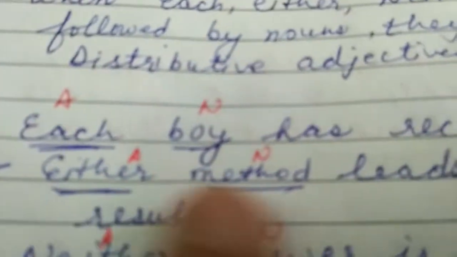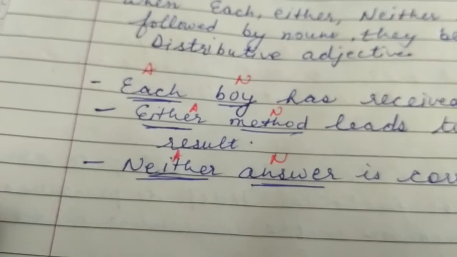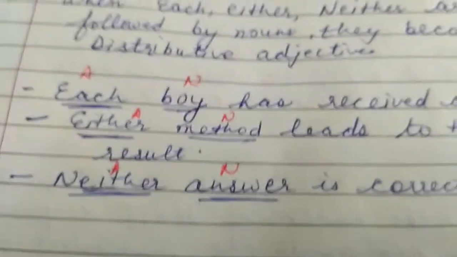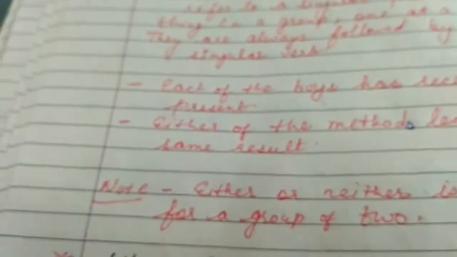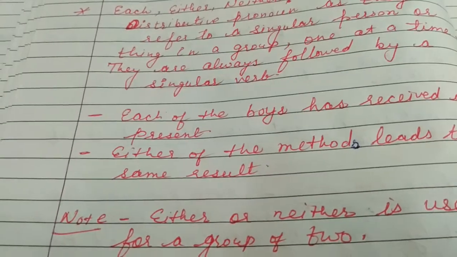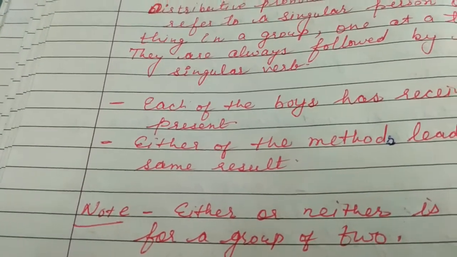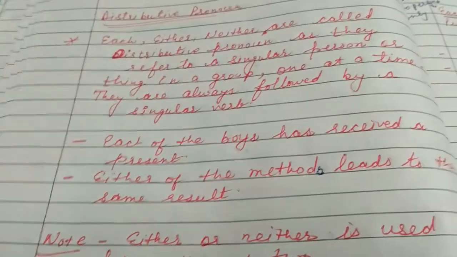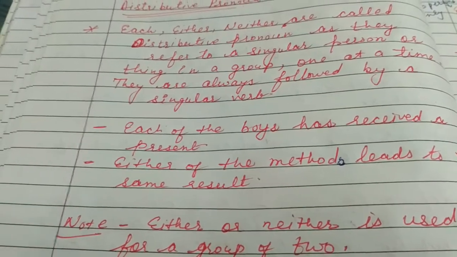Same, either method leads to the same result. Neither answer is correct. Please take care of this, because in exams sometimes they ask you to identify whether the given words are adjectives or pronouns, because spelling-wise they are the same.